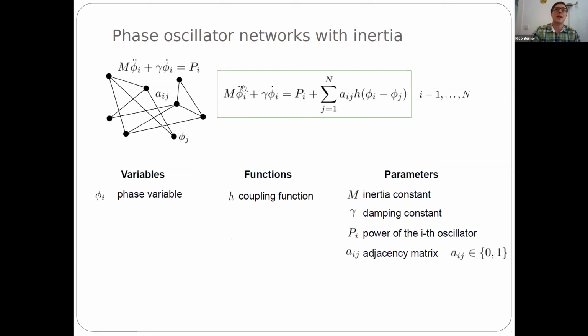Instead of a phase, we have now the angle of a rotor, but it's also 0 to 2 pi. So it's a phase oscillator with inertia. It's a second order differential equation for each phase on each node here. And we have a coupling function H, and we have a power for each oscillator, and we have a damping constant. All right, so this is what we are talking about if we look at power grids.